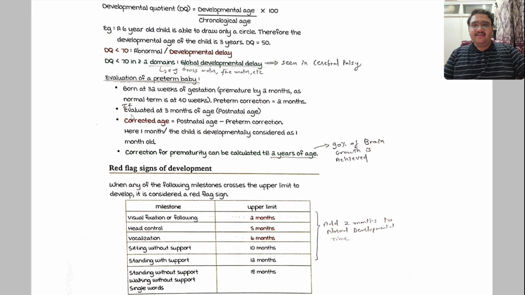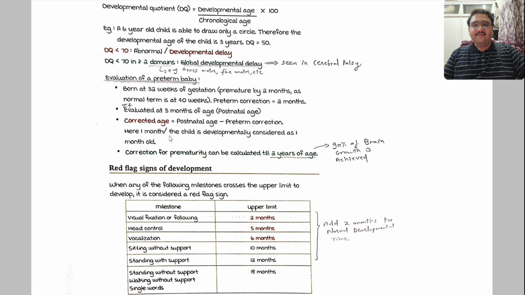If the baby is evaluated at 3 months of age, that is the postnatal age, then the corrected age will be postnatal age, that is 3, minus the preterm correction, which is 2. So corrected age will be 1 month.